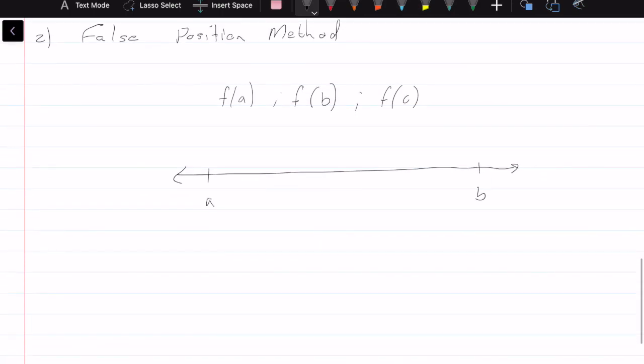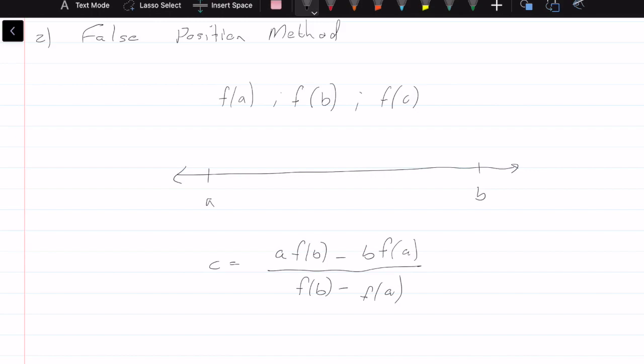So how do we work out c this time? To figure out c, we have the following equation. c is equal to a times f of b minus b times f of a, all over f of b minus f of a.